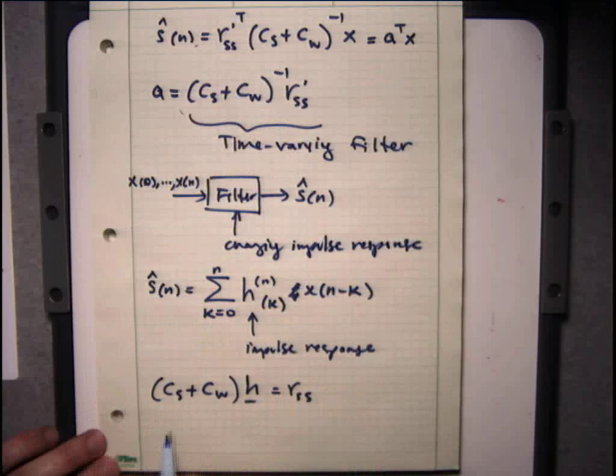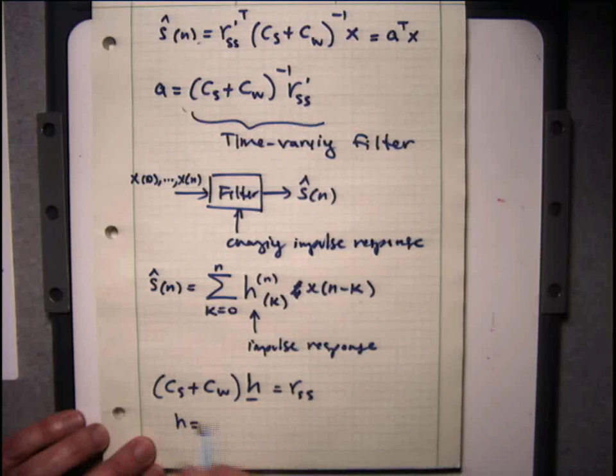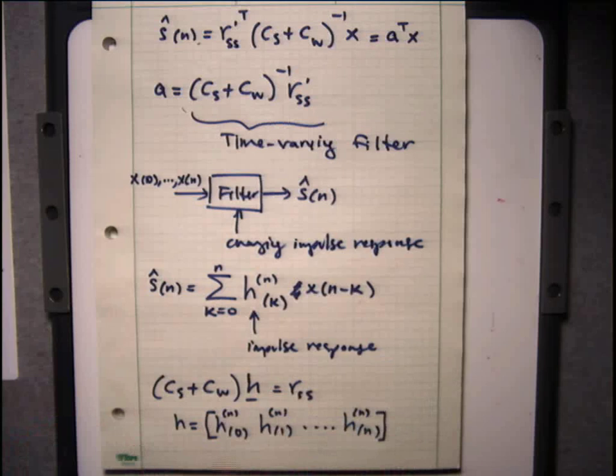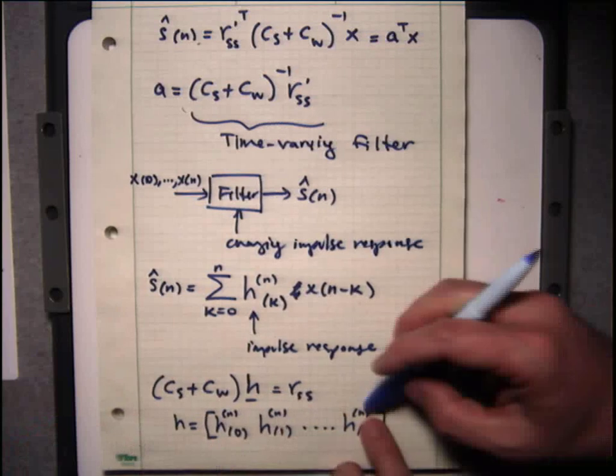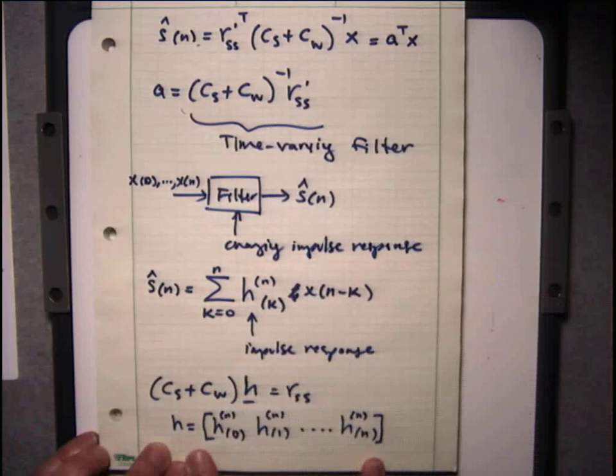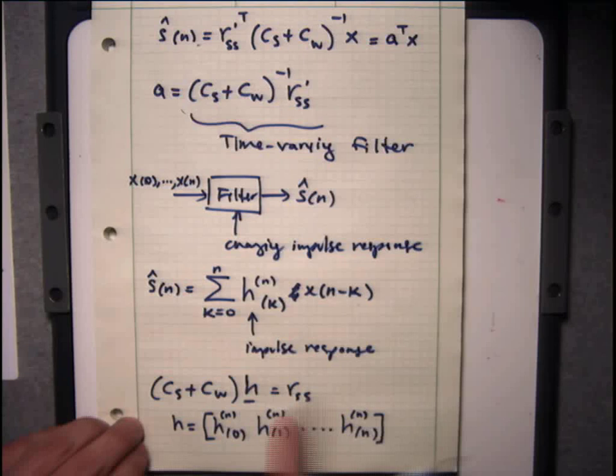So let me write H. Here is H of 0, H of 1, H of n, and I'm going to index this. The notation gets a little bit ugly here because the elements of this vector are going to change for every point in time, so I have to index this somehow by n. Okay, so this vector here is the thing that I'm interested in, and this is the equation that I need to look at.